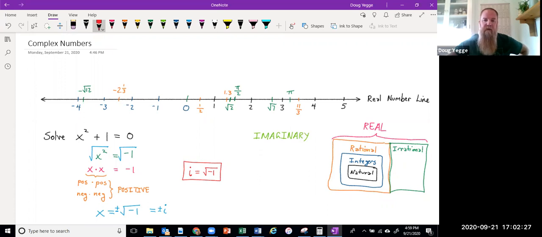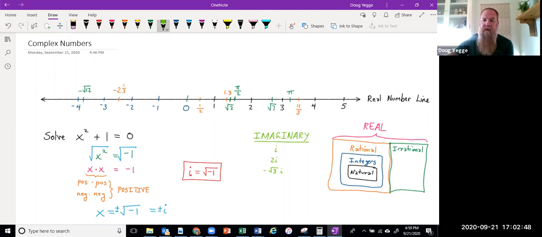So now when I look at all of my imaginary numbers, they could be i, or 2i, or the negative square root of 3 times i. There's lots and lots of different ways to end up seeing imaginary numbers.